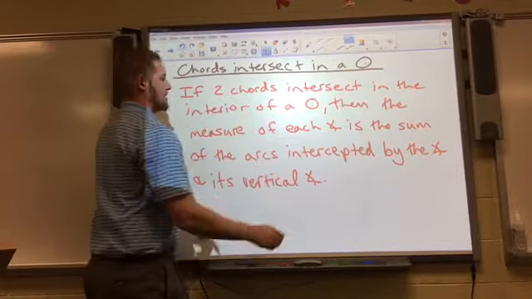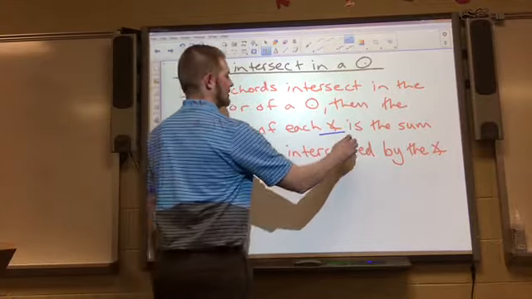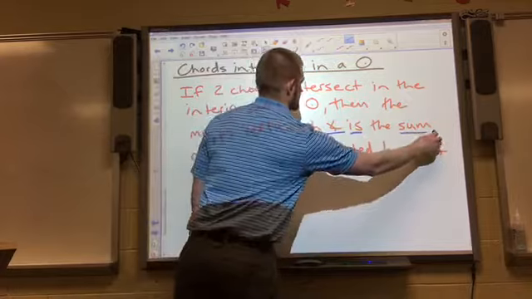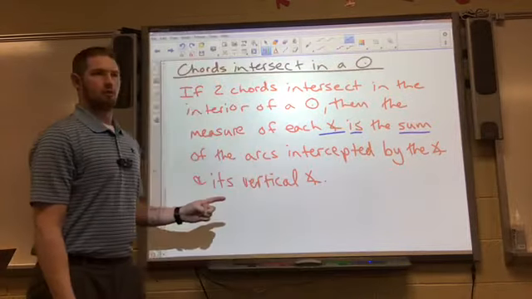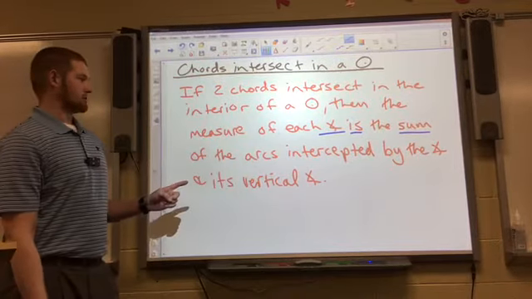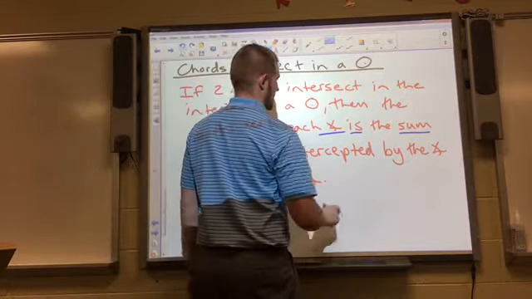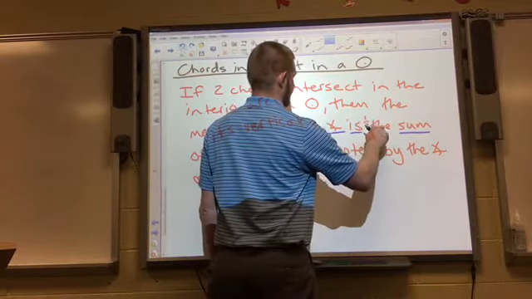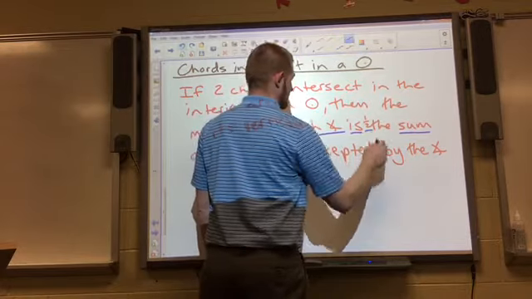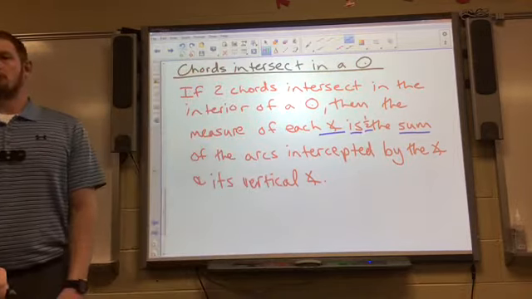Okay, the measure of the angle is the sum, which means you're doing what? You're doing addition. Sorry. It is 1/2 the sum. That's very important. Sorry about that.